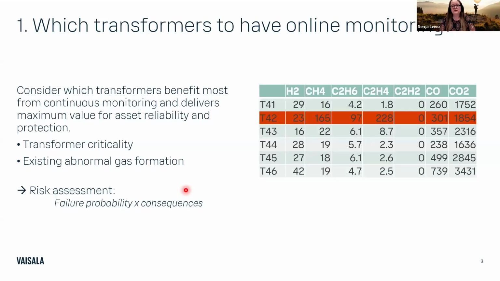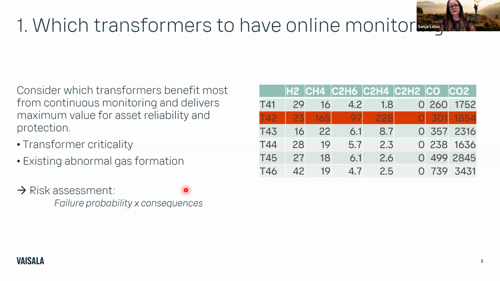It's not necessarily the biggest transformers. It depends on whether there is redundancy, how the grid is made, if it's a question of transmission or distribution. Do you apply this N-1 policy, or is it so that there is no redundancy, and that's why some transformers are much more critical than others.